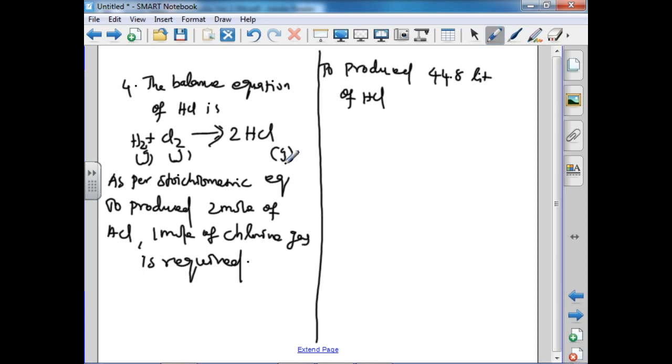the balanced equation of HCl is H2 plus Cl2 gives 2HCl. As per the stoichiometric equation, to produce 2 mole of HCl, 1 mole of chlorine gas is required.